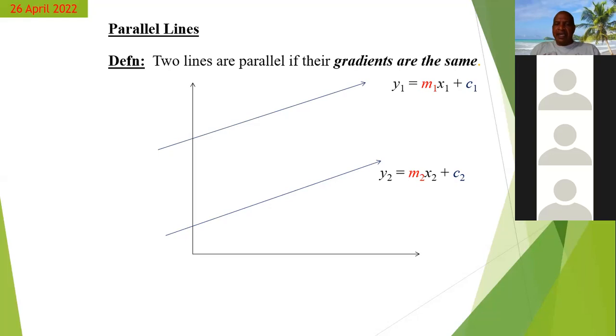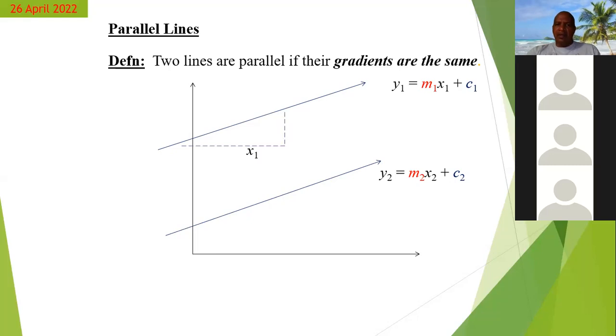But the fact that they are parallel, you can always bear in mind that they will have the same gradient. And so that bit of information, immediately you can use the gradient of one to determine the gradient of the other. All right, so that is one key thing.